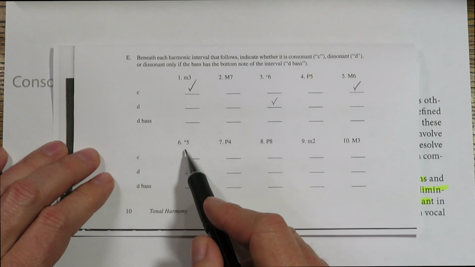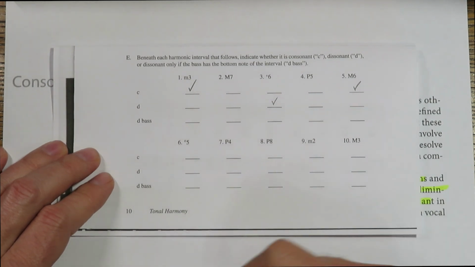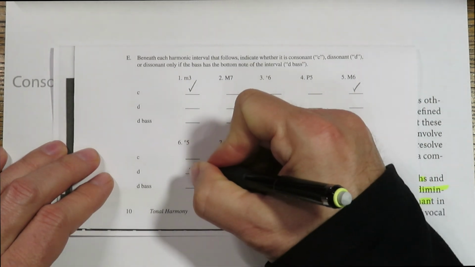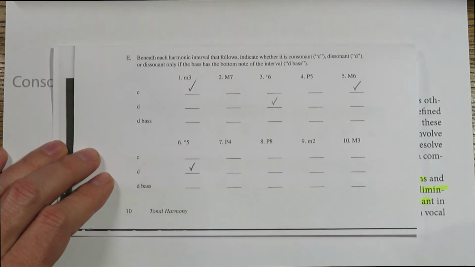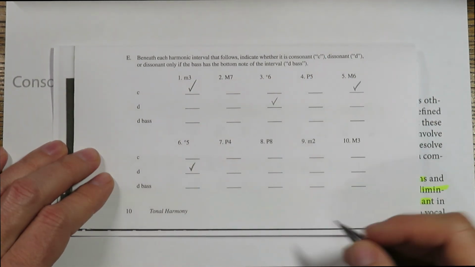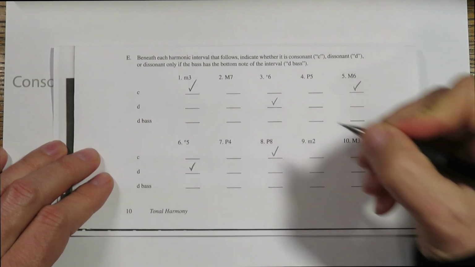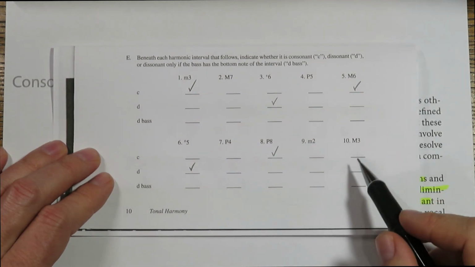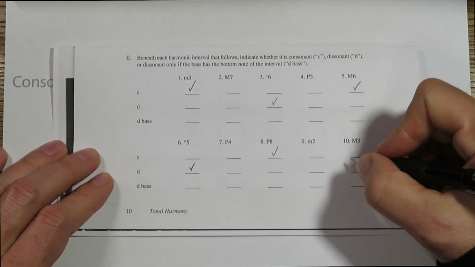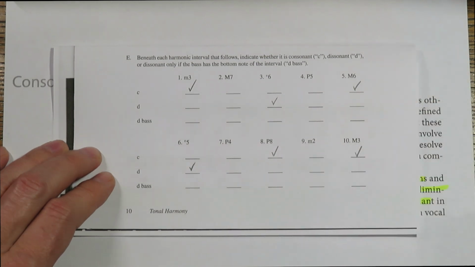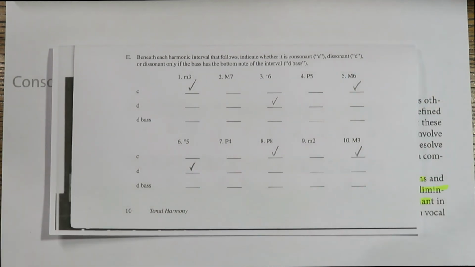Here we have a diminished fifth. Diminished are dissonant. Here we have an octave. We know those are consonant. And a major third is also consonant. Okay. So the main tricky one is the perfect fourth.